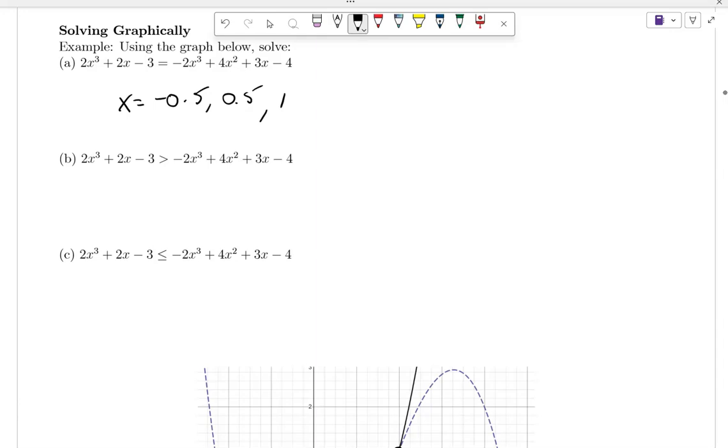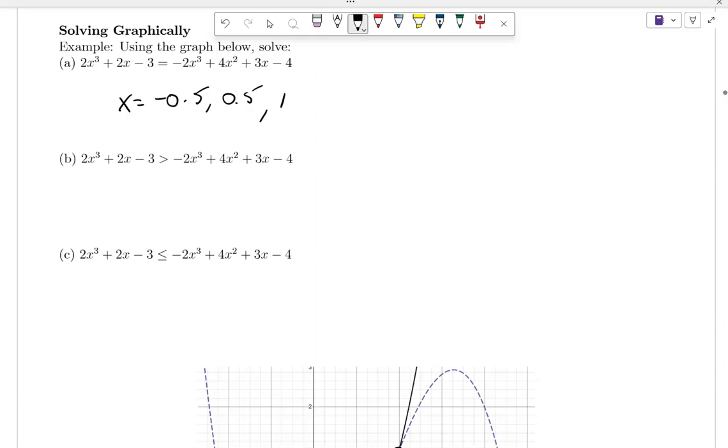Okay, so the next ones are asking you basically which one's higher than the other one when we're doing the inequalities, right? We want to know the x values for where one's above the other. So in this case, I need to know which graph is which. The other one, I didn't really need to know which graph is which because I was looking for where they cross. If I want to know which one's higher, which one has a bigger y value, I need to know which one's which.